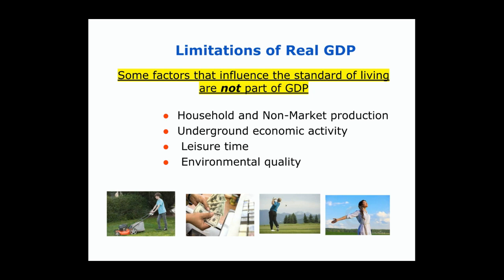My lawn gets mowed, but it's not counted in the GDP statistics. If I paid somebody to mow my lawn, well, then that will be counted. If I mowed the lawn myself, then it's not counted. So any do-it-yourself activity, any household production is just not counted in GDP when we're calculating it, and that's because a market transaction is not involved.